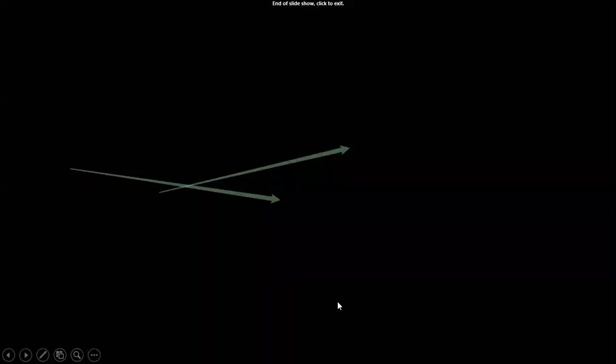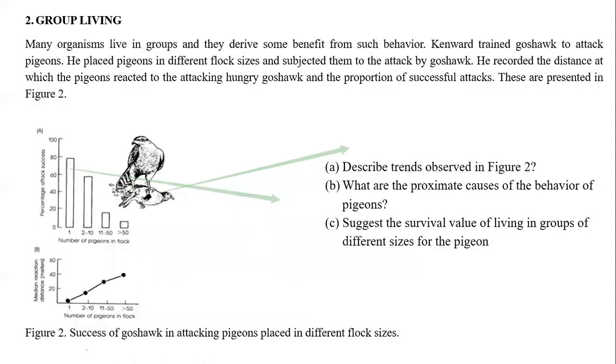I'm hoping that is sufficient explanation for you to understand the context of the data that is given, to understand the labels on the X and the Y, and to have an understanding of what's going on.